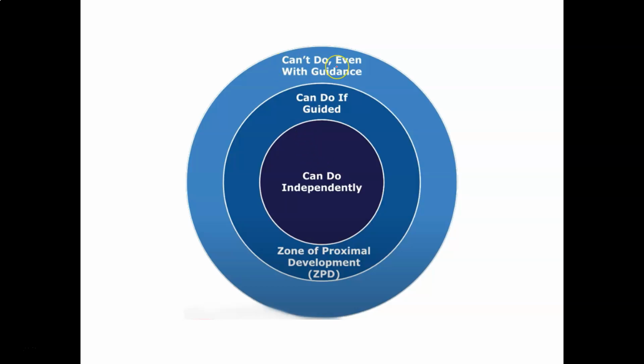The outer circle represents something that children can't do even with help. But then you have this middle circle that a child with help is able to do. And this is the zone of proximal development. The area where a child can't really do things on their own, but with help can definitely master it or get better at it faster.